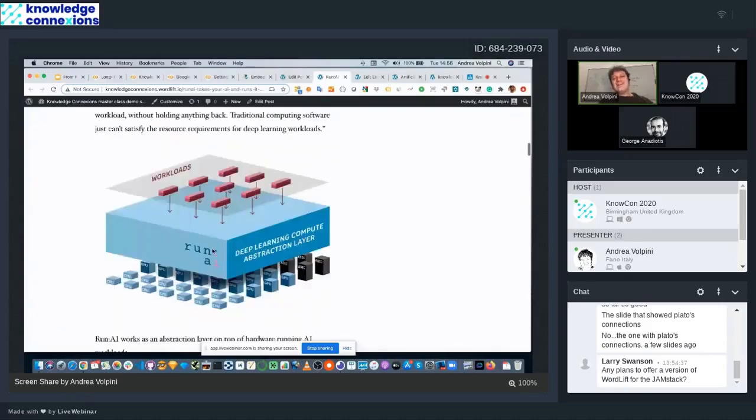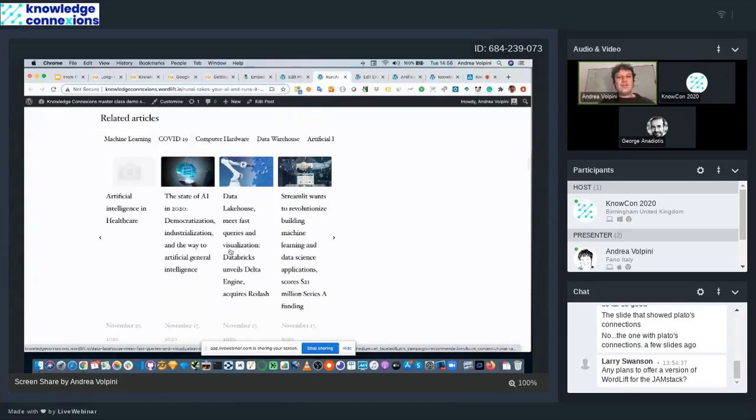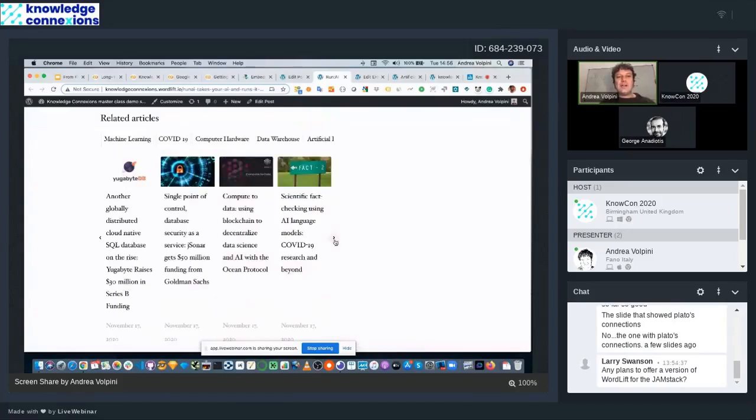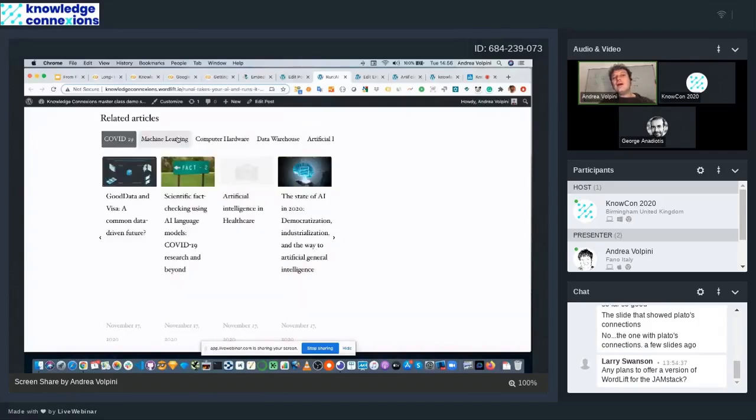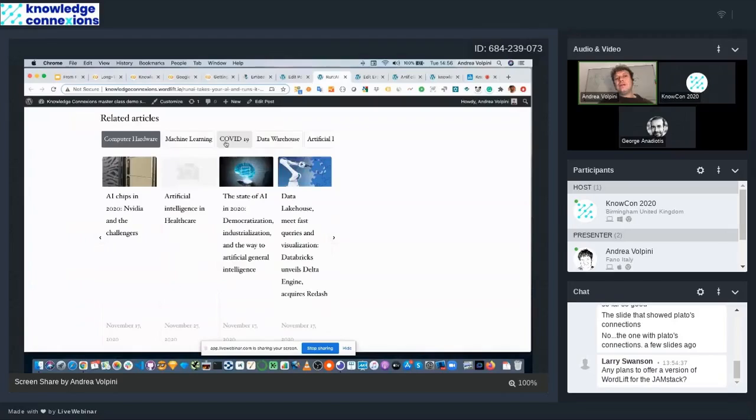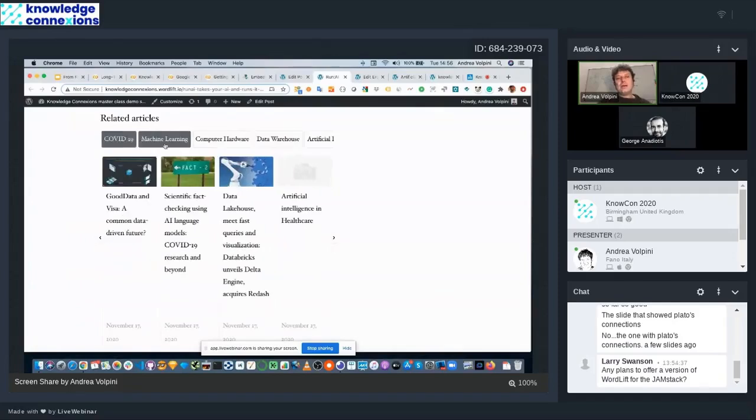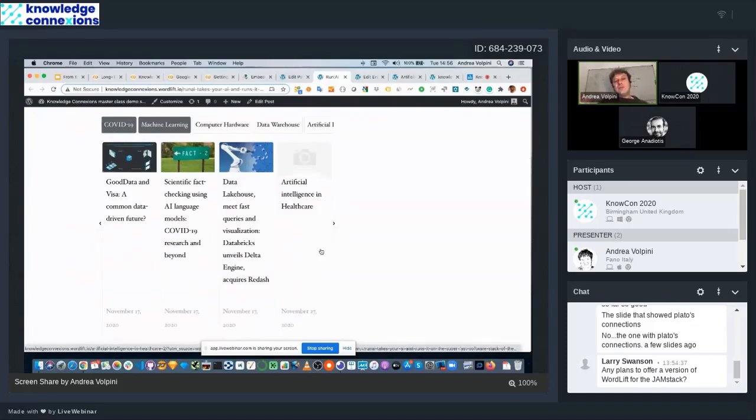Okay, and here I have placed a widget that, as you can see, is a list of related articles, but I can organize these using this network of entities that I have now created, so that I can have a look at things that are, for instance, related to machine learning and COVID-19. So I'm using the entities of the knowledge graph already in the front end to create an interaction with the user and to let the user explore new content.